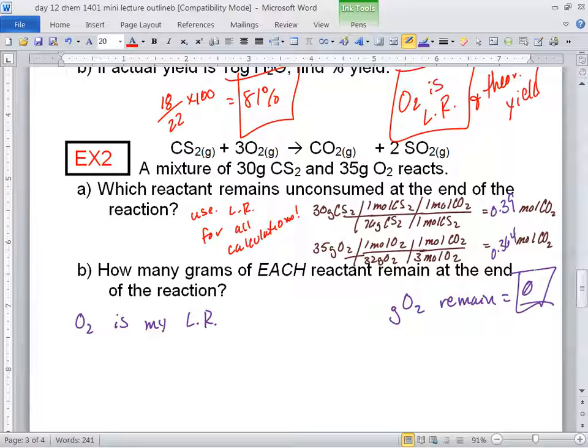So now if you want to get the grams of carbon disulfide that remain, let's convert those 35 grams of oxygen all the way to what? Convert it all the way to grams of carbon disulfide. And is that my answer?